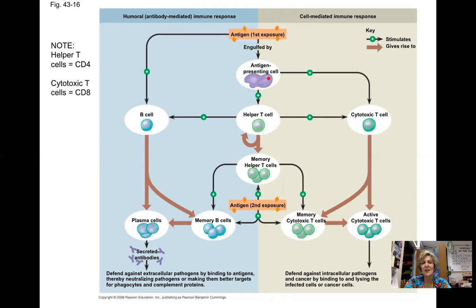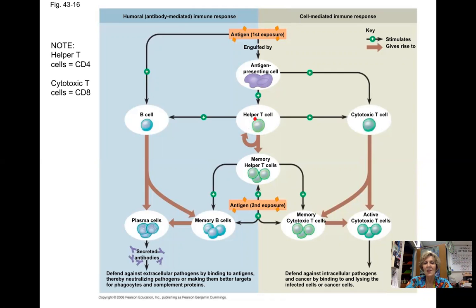And what happens is that antigen presenting cell then goes to dock with the helper T cell. And we'll see it basically says, here, helper T cell, this is a piece of the invader that's infecting us. What are you going to do about it? And so the helper T cell then begins to orchestrate or conduct the entire adaptive immune system response.